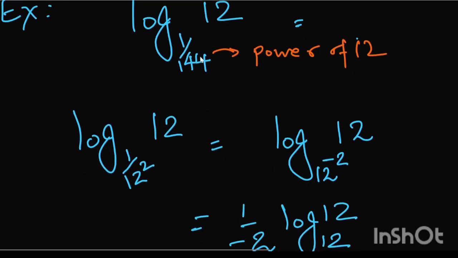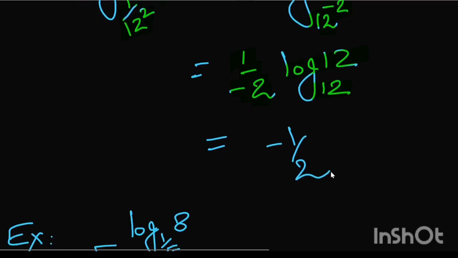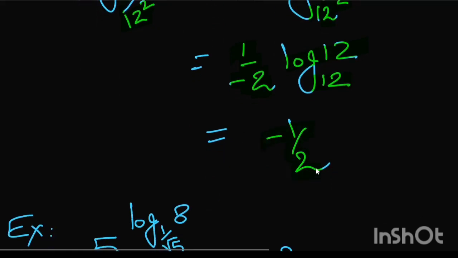So in the next step, 144 is written as 12 square. So the base is 1 upon 12 square. So 1 upon 12 square is written as 12 to the power minus 2. So using the property, minus 2 will come in the denominator side of the multiplication. In other way, minus half would be multiplied to log 12 base 12, which is 1. So the answer is minus half.